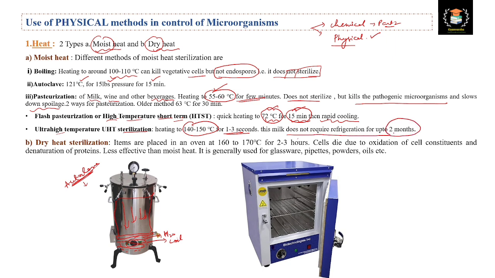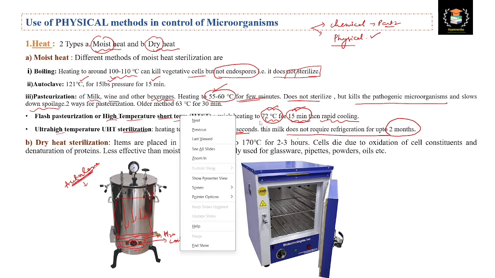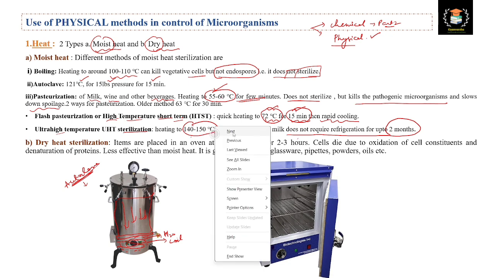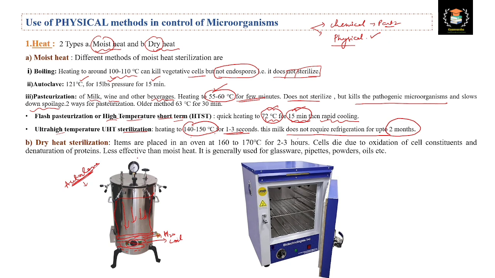So ultra high temperature is 140 to 150 degrees Celsius for 1 to 3 seconds. This is about moist heat sterilization. So what are the different things in moist heat sterilization? It is boiling, then autoclave and pasteurization. Pasteurization is of two types, flash pasteurization and ultra high temperature sterilization.